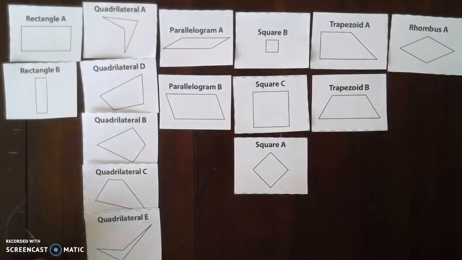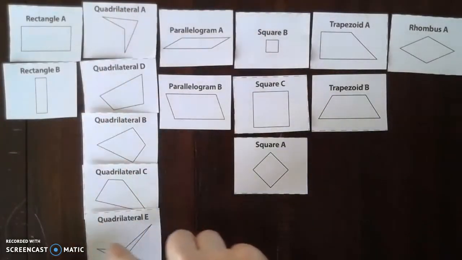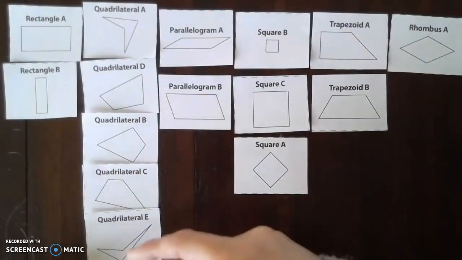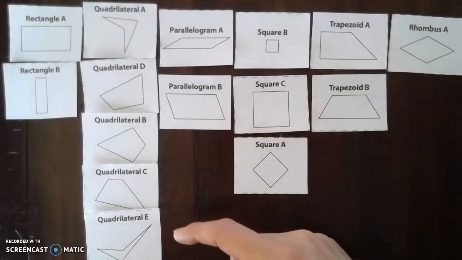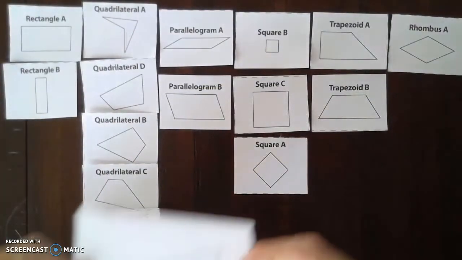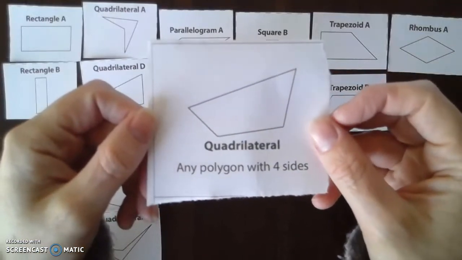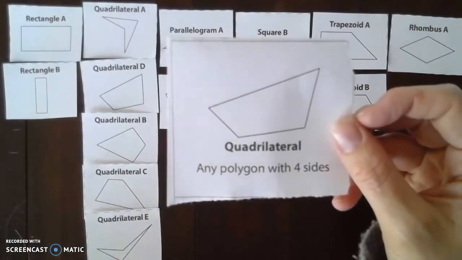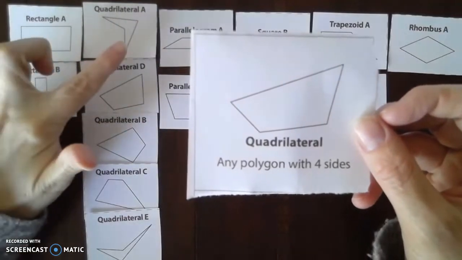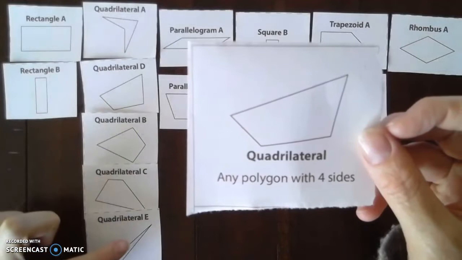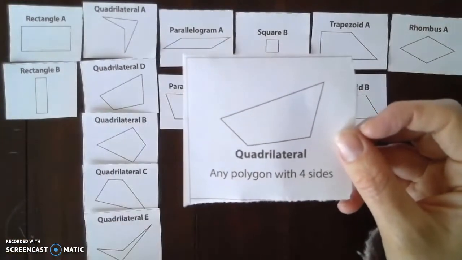Okay, so the first one I'm going to start with are my quadrilaterals. Now I've labeled these all quadrilaterals because I think they all fit in the quadrilateral category. So I'm going to get my quadrilateral definition card out. Okay, so here's a quadrilateral. It says any polygon with 4 sides. Okay, if I look at this, this, and this, they all have 4 sides.